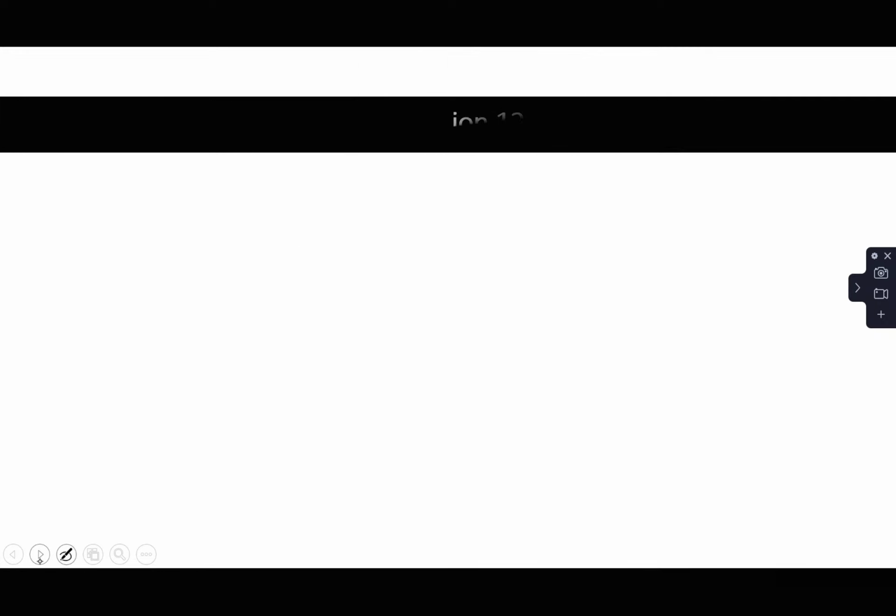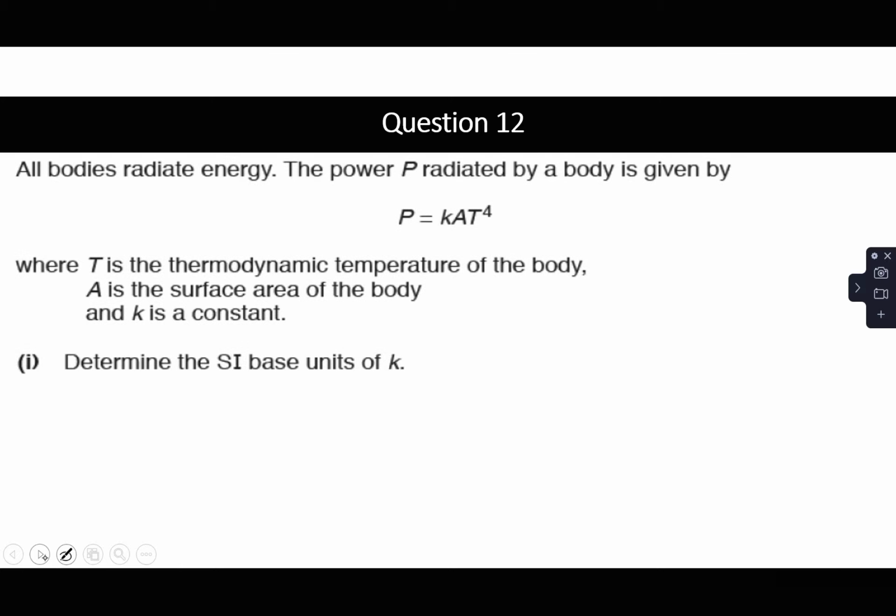Let's continue to question number 12. All bodies radiate energy. The power radiated by the body is given by this expression. T is thermodynamic temperature.